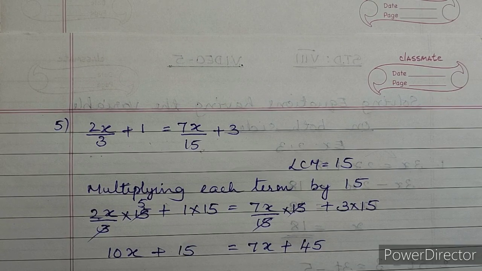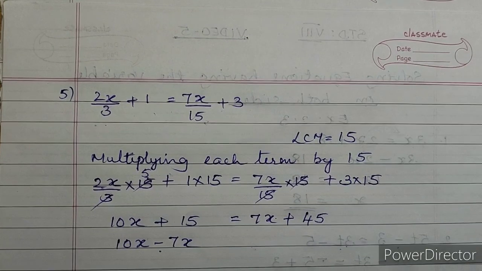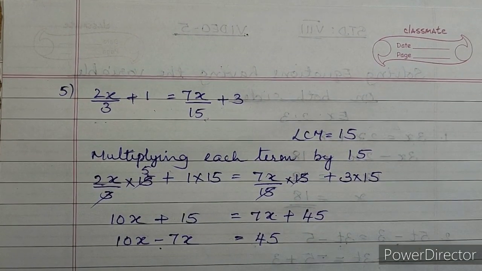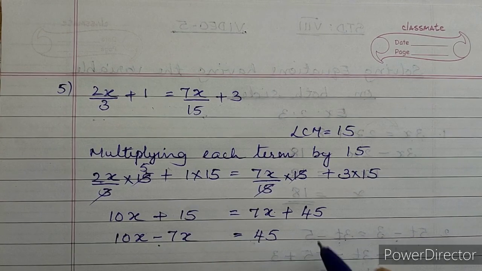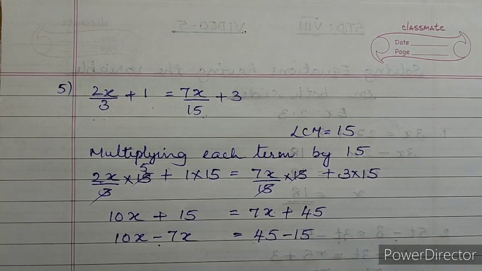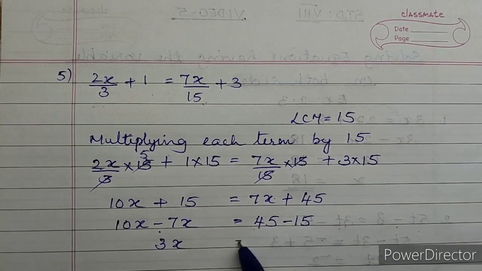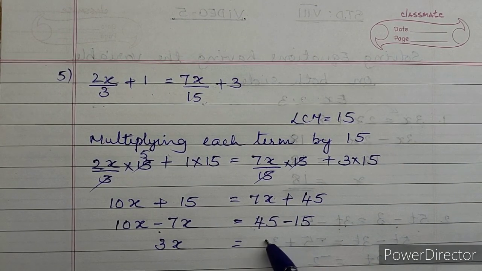Now x terms you have to bring together. So 10x minus 7x, positive 7x will transpose and become negative 7x. Equals 45 is there already, plus 15 you have to transpose and change it to minus 15. So 10 minus 7 is 3x equals 45 minus 15, which is 30.